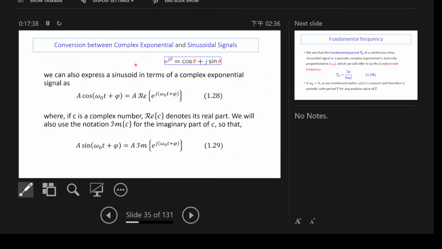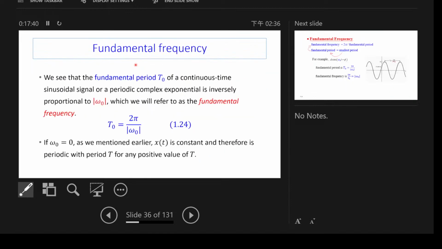So that's sinusoidal. Let's go back to our complex exponential, and there is this new concept of fundamental frequency. For the complex exponential, we see that the fundamental period is very related to this number omega 0, so we call omega 0 the fundamental frequency.